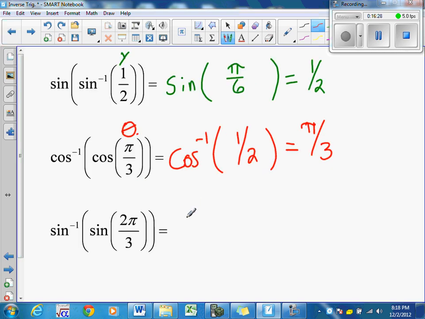So let's do the next one. Inverse sine of sine of 2 pi over 3. Now so far they just kind of cancel each other out and they've worked. But that doesn't always happen. Let's look at this example. Sine of 2 pi over 3 is square root of 3 over 2.